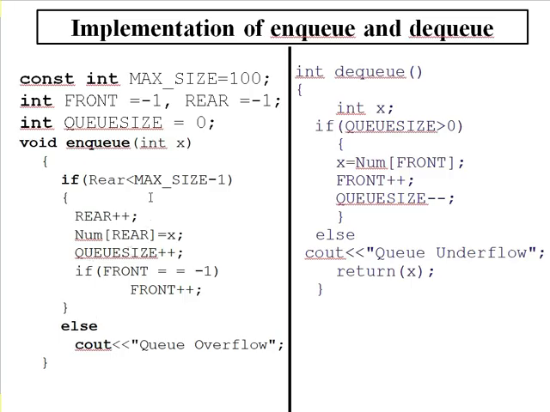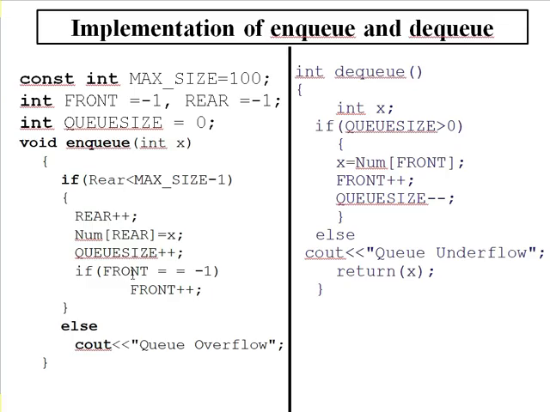If so, we should increment the rear, and then rear is equal to x, because we just set the slot by the rear variable after incrementation, then place the new element to be added into the queue into that slot, and increment the queue size because the number of elements of the queue will be increased, so the queue size should be incremented.